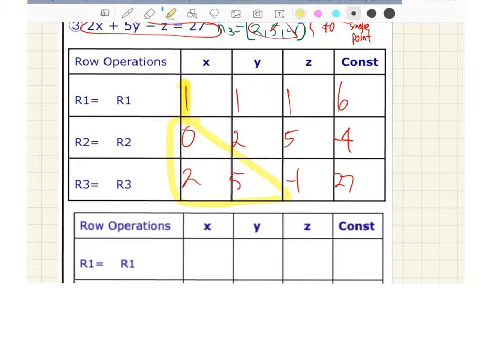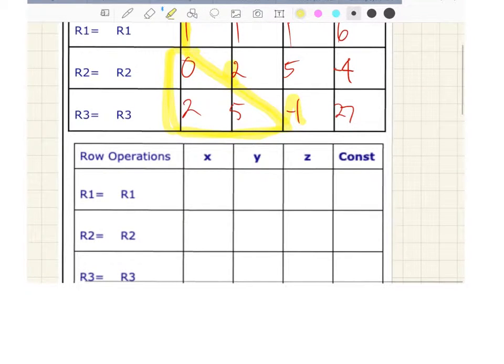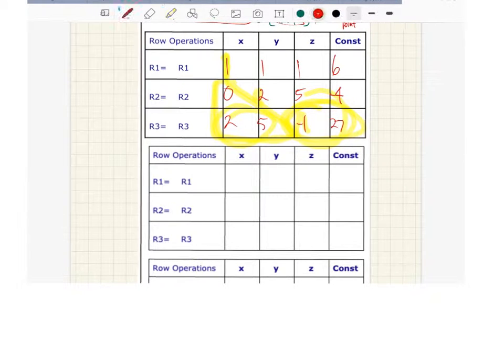If you get zeros in that triangle, and you have ones in the diagonal, here, here, and here, that's called row echelon form. You don't really need to get ones in that diagonal, but you do need to get this triangle to be 0. The whole idea is that we can get zeros in the first two entries here, and then this will give us one of the solutions, the z solution. So let's start working through this. We've got a 0 here, so that's already done.